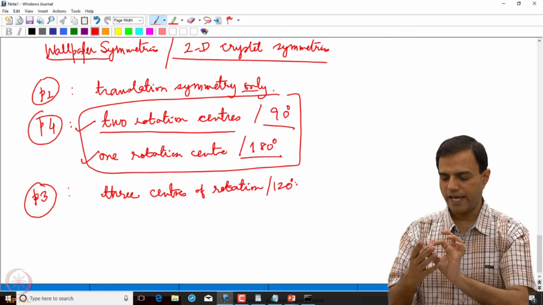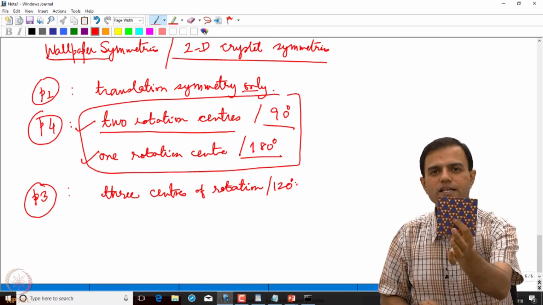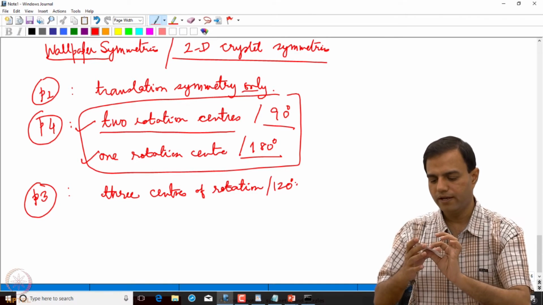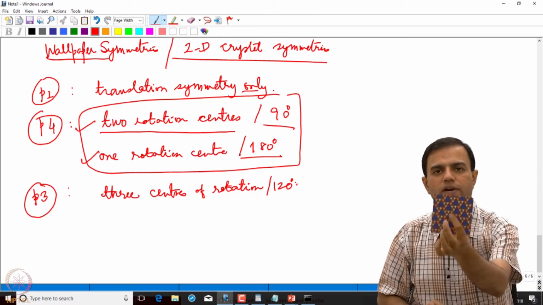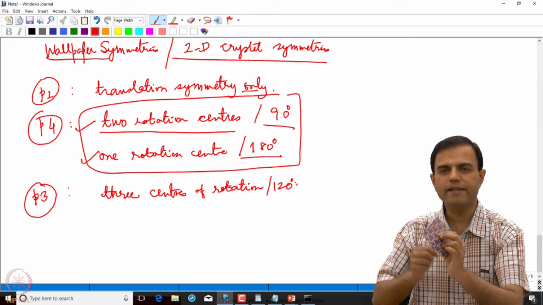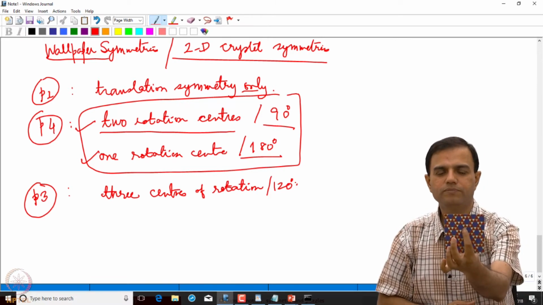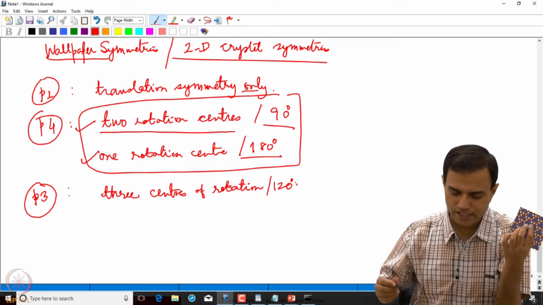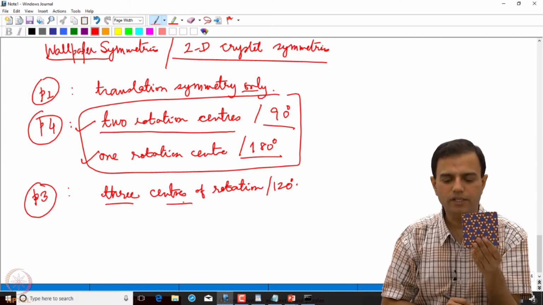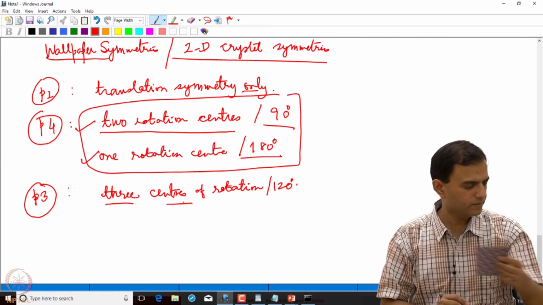Well, you take the center of the hexagon and rotate, or you take the center of the red triangle, rotate, or you take the center of the green triangle and then rotate. So there are three types of centers of rotation and they are by 120°. So that is called P3 symmetry.